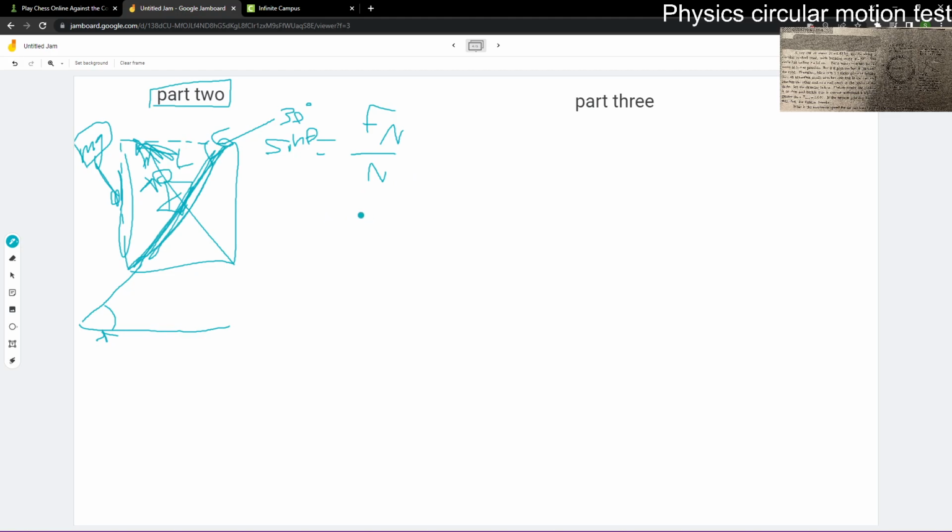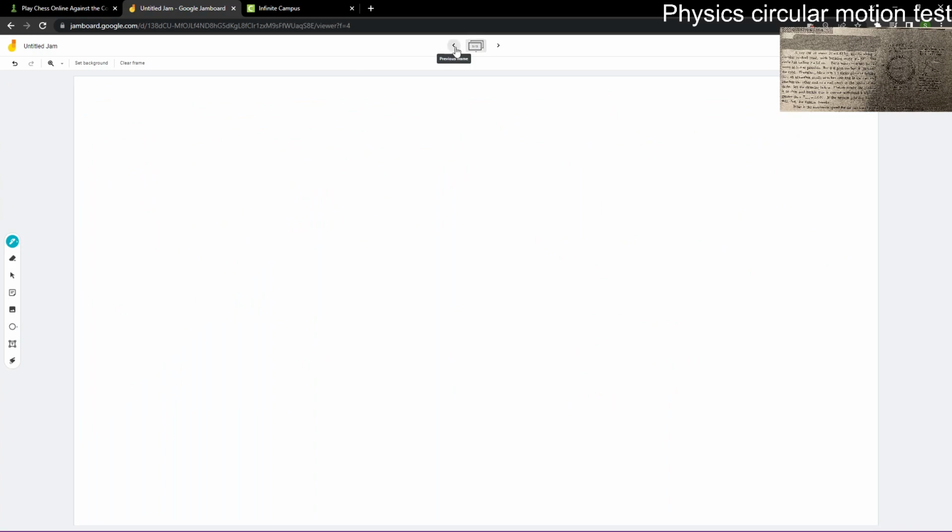If we're just trying to isolate this, N sine theta equals the normal force. Now we have to solve for N, which is another component, so it has to be cosine. It would have to be something cosine.